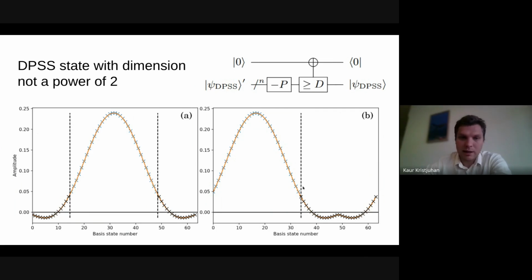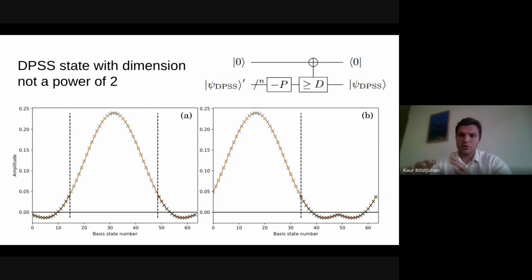This example here specifically is a DPSS state configured to achieve a 99% confidence level, and doing the inequality test to set these extra amplitudes to 0 actually has a success probability of 99.7%. So it's not deterministic, but it's good enough that you're not actually going to be worried about failing to do this.